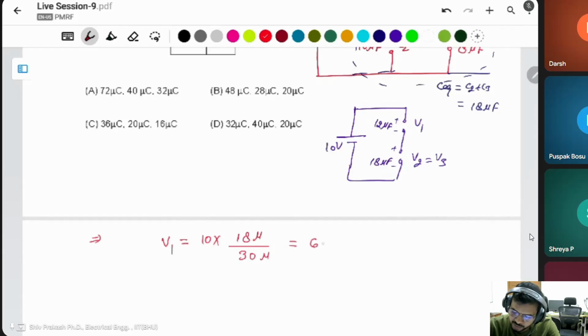This will be 6 volt. If this is 6 volt, then this will be 4 and 4, V2 and V3 are equal to 4 volt.